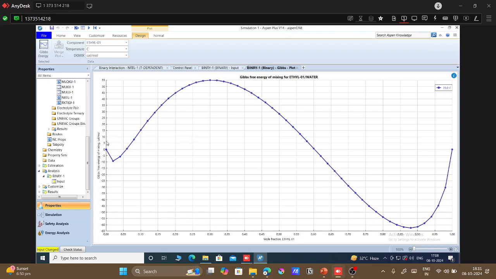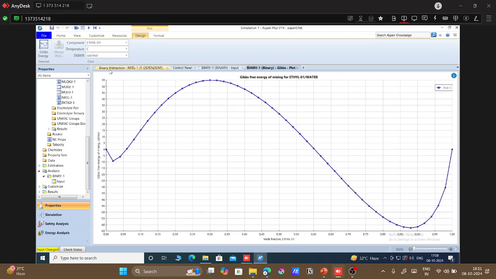Since Gibbs free energy is positive, that shows this mixture is not possible. At the higher concentration of ethyl acetate, we see Gibbs free energy is negative. That means some amount of water is soluble in the ethyl acetate, else you will see a distinct phase separation in terms of ethyl acetate and water. So water does not have much affinity towards ethyl acetate, that we can conclude.